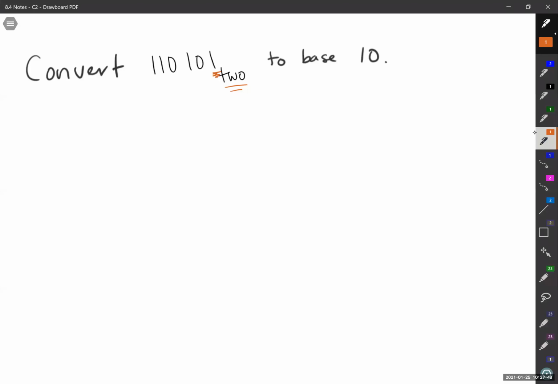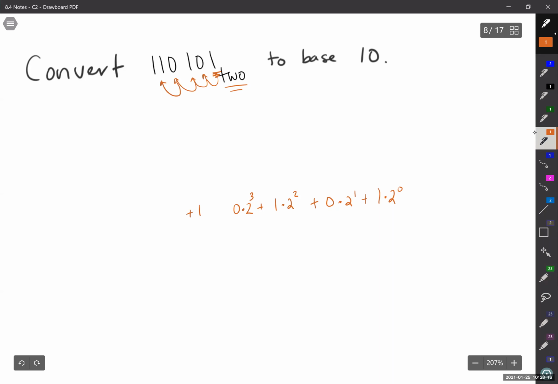So I'll write to begin with 1 times 2 to the 0 plus 0 times 2 to the first plus, each time you go over to the left, you just increment the exponent of the base by 1. 1 times 2 squared plus 0 times 2 to the third plus 1 times 2 to the fourth plus 1 times 2 to the fifth.